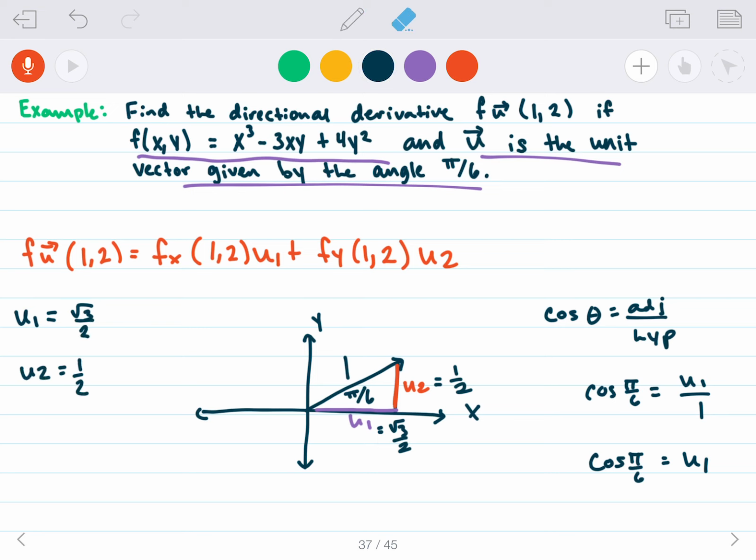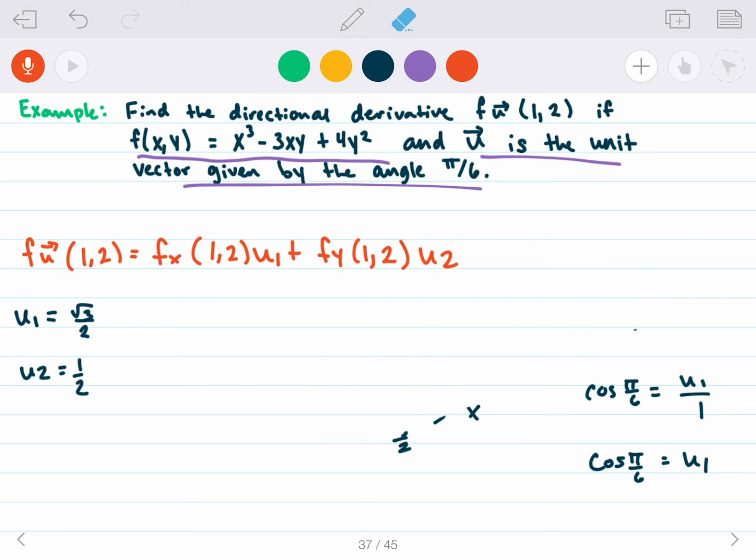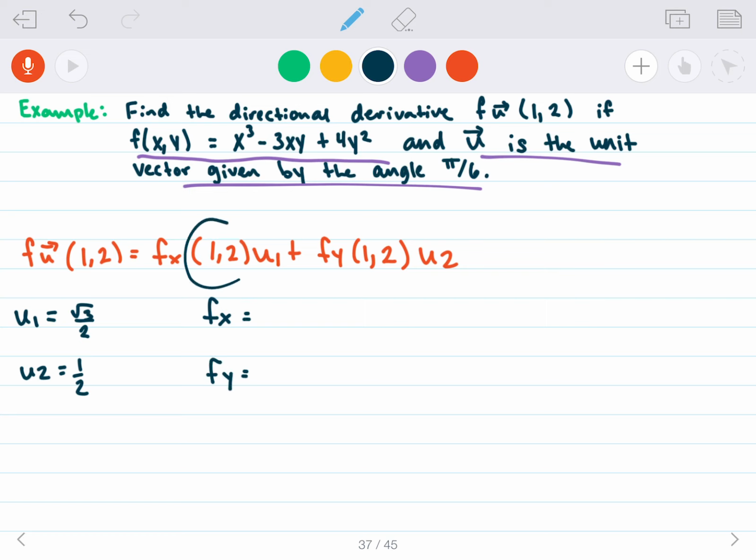So now we have everything we need to figure out the directional derivative. Let's do it. First of all, we need our partials, with respect to x and with respect to y, and then we're going to plug the point into our partials to actually get a slope. So the partial with respect to x is going to be 3x squared minus, keep the first times the derivative of the second, plus keep the second times the derivative of the first.